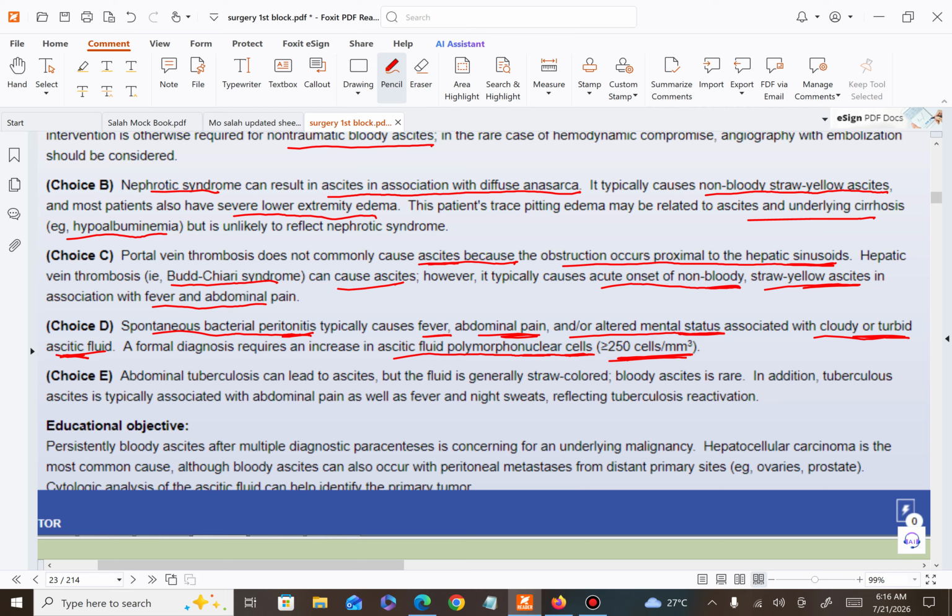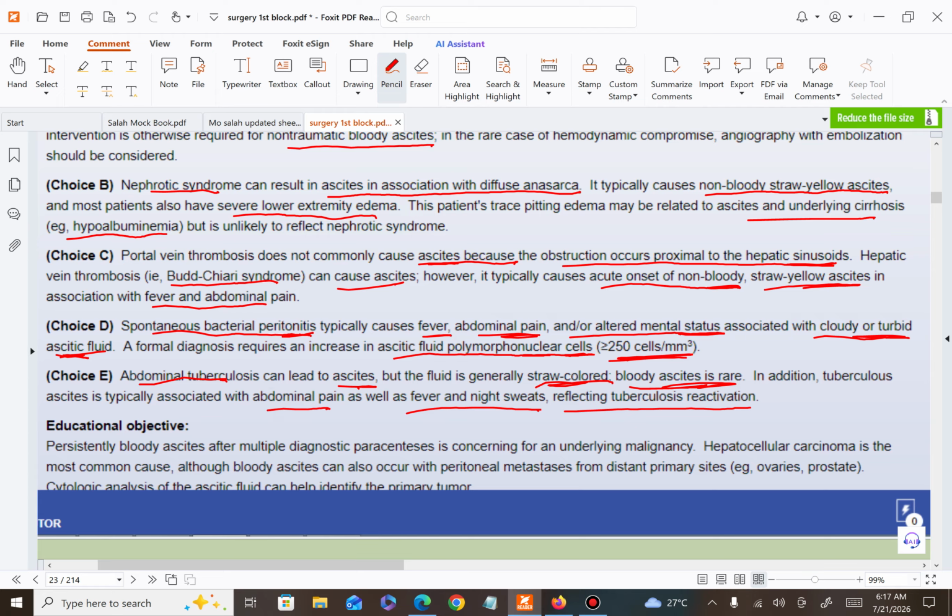The last choice, abdominal tuberculosis, can lead to ascites, but the fluid is generally straw colored. Bloody ascites is rare. In addition, tuberculous ascites is typically associated with abdominal pain as well as fever and night sweats, reflecting tuberculosis activation.